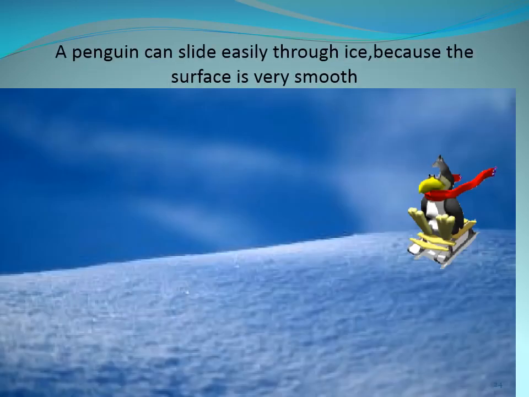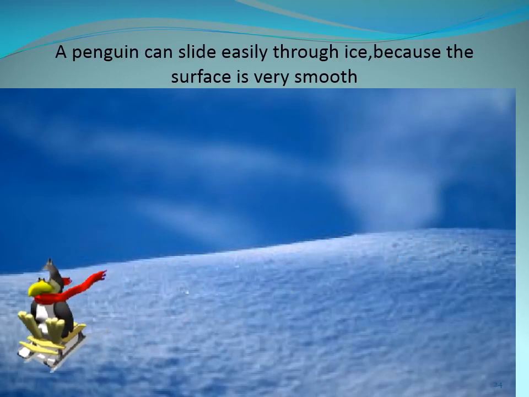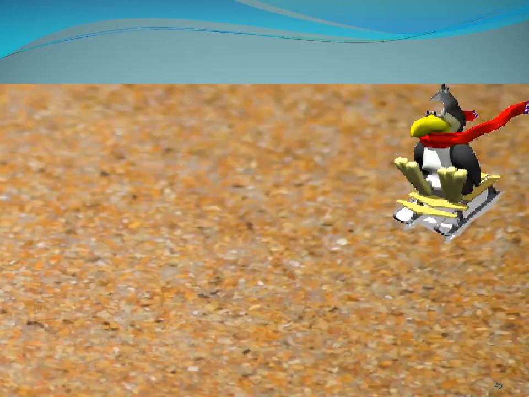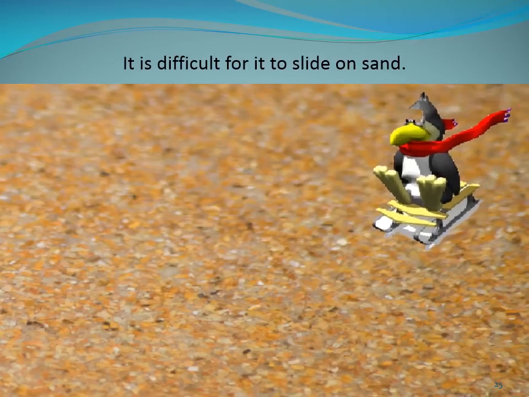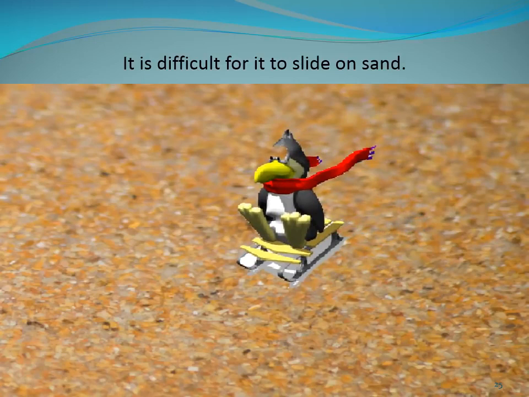A penguin can slide easily through ice because the surface of ice is very smooth. But it is difficult for the penguin to slide on sand as the surface is rough compared to ice.